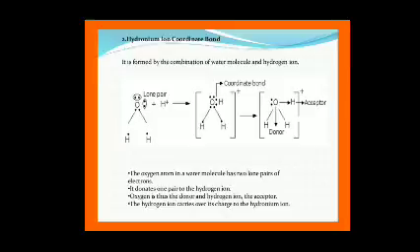The oxygen atom in the water molecule has two lone pairs of electrons. It donates one pair to the hydrogen ion. Oxygen is thus the electron pair donor and hydrogen ion the acceptor. The hydrogen ion carries over its charge to the hydronium ion.